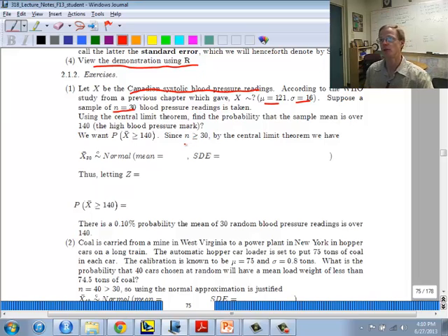First of all, since n is over 30, we'll go ahead and use our central limit theorem. We should have mean 121. Standard error is going to be 16 over the square root of 30, which is 2.9212. It's a good idea to use 4 decimal places for standard errors.